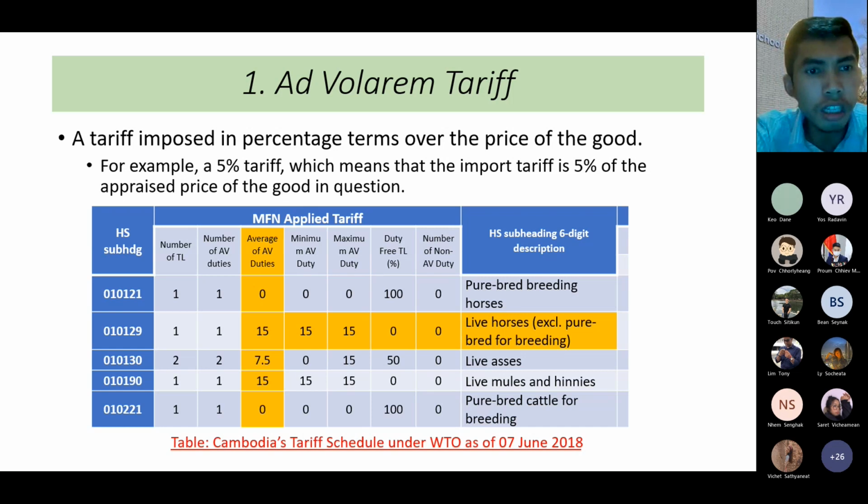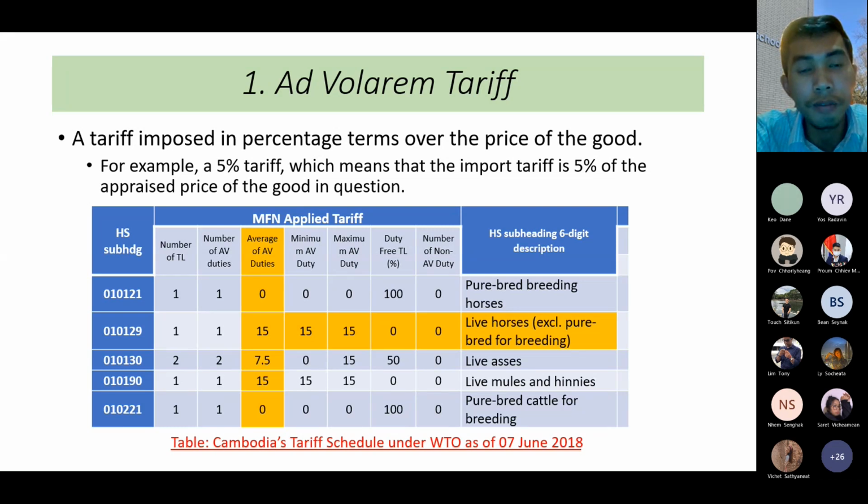So you can see a very realistic example here in the Cambodia tariff schedule under the WTO as of 7 June 2018. Go to the subheading HS code, harmonized system HS code. Go to line number 010129, and then go to the average AV duty, ad valorem duty, here.